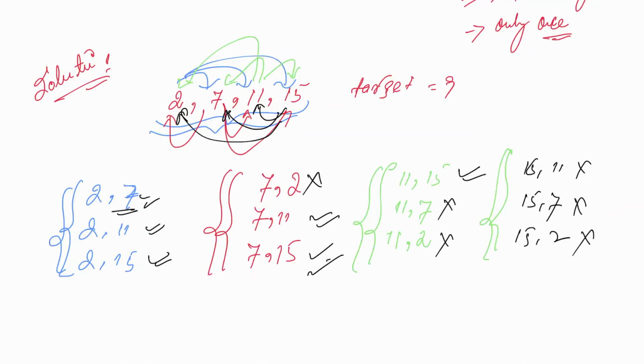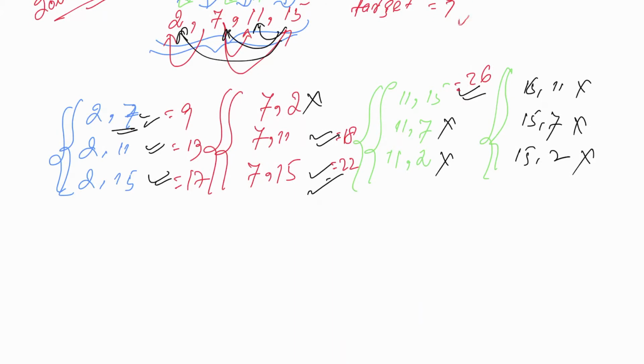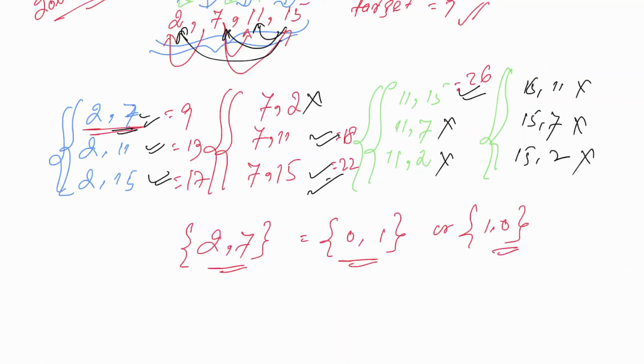Now we need to calculate the sum of those values: 9, 13, 17, and then 18, 22, and 26. As our target is 9, the 2 and 7 is the valid result, and their respective indices are 0 and 1, or we can return 1 and 0, that doesn't matter, because the assumption is that we can return the answer in any order.